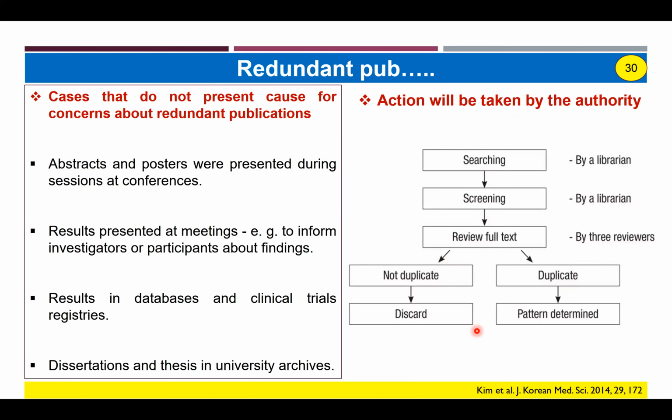Now, it is very important to know which cases are not redundant publication. Because you may be a new researcher, or some of you have already started research at some point. If you are a new researcher, you must keep in mind which cases you do not call redundant publication.